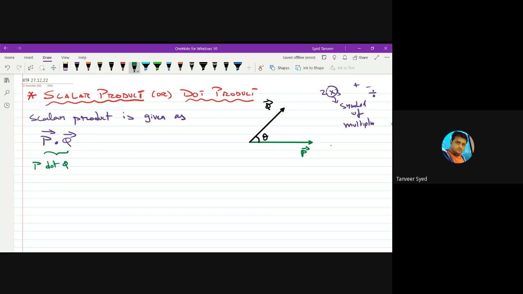This tells you that there is one vector P and there is another vector Q, and you are going to perform scalar product on these two vectors.